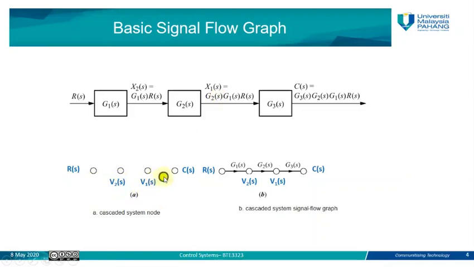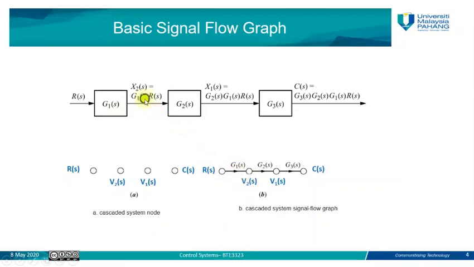After we define the nodes, we need to define the branches or the systems between them, how these nodes are connected to each other. For example, between node R(s) and node V2 we have one subsystem, G1. So we draw a branch from node R(s) to node V2, and the gain is G1(s).